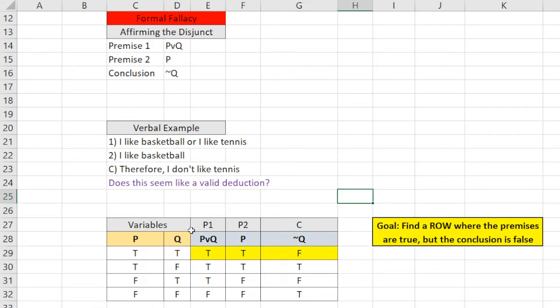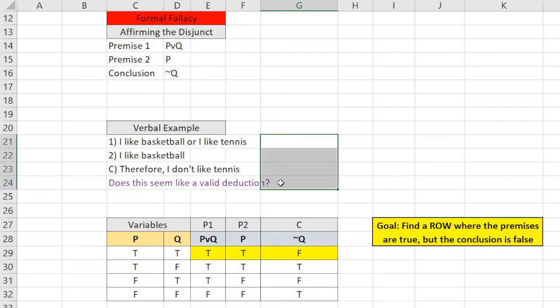So again, just to make sure it's really clear, these four cases are the four possible ways the situation can happen. Both can be true, both can be false, or some mixture. And then you have to prove that there's one case, at least one, there could be more than one, at least one case where the premises are true and the conclusion is false. If you can prove that by showing an example just like this, then that is a truth table proof.